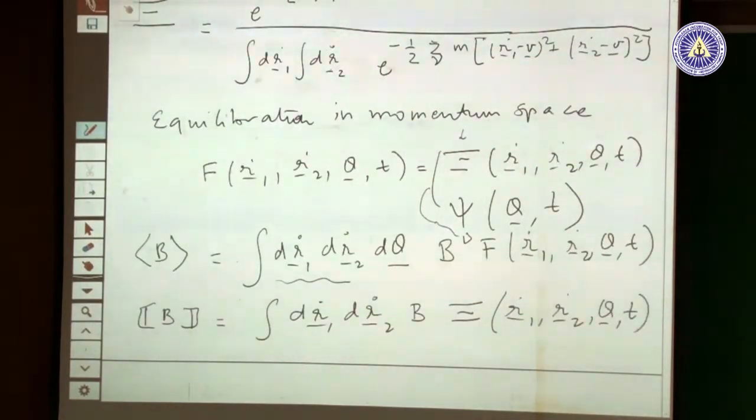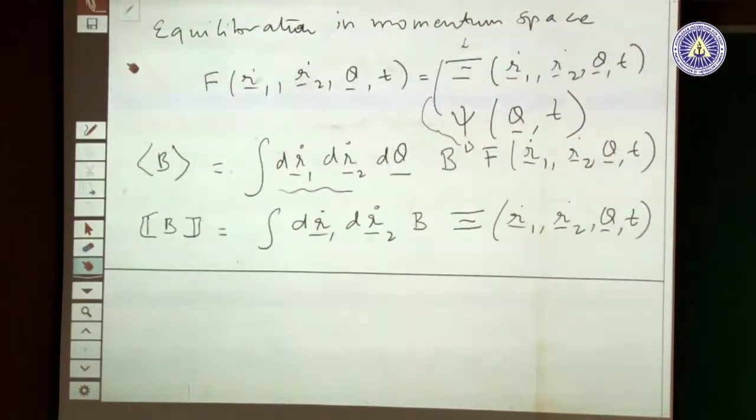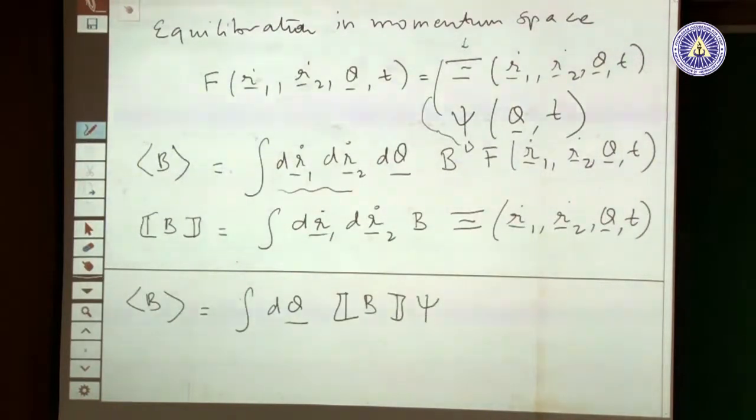Once I have defined this, I can always break up this f into psi times psi and combine this part of it, so that the average of B would then get written as the integral dq of B times psi of (q, t).